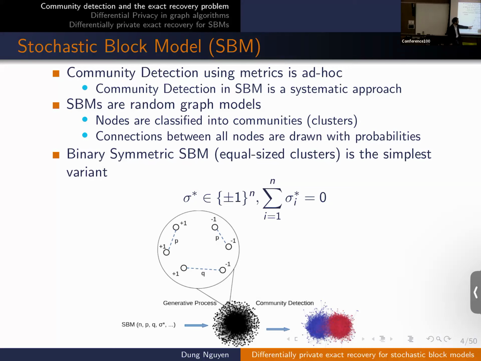But for this pair, the vertices belong to different communities, so the connection between them will be generated with probability Q. P and Q are called the intra- and inter-community probabilities. The binary symmetric SBM is the simplest variant in the family of SBMs, with equal-sized communities, and there are only two communities in this simplest form.